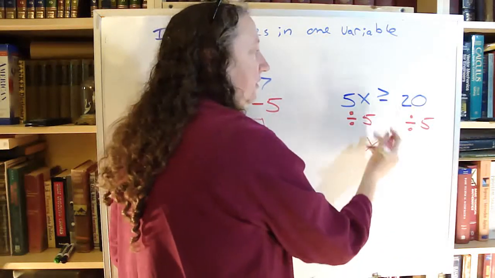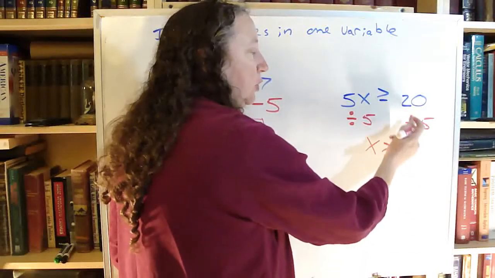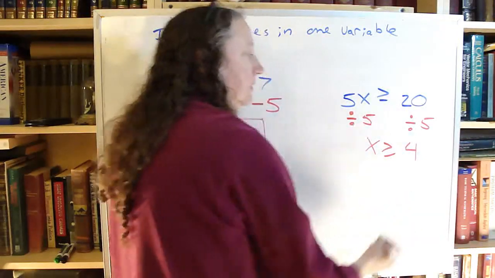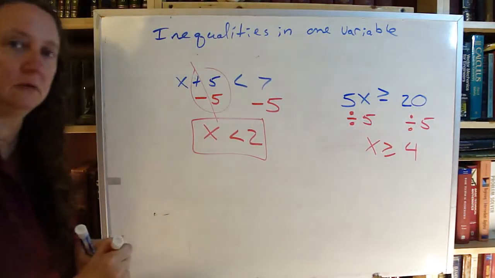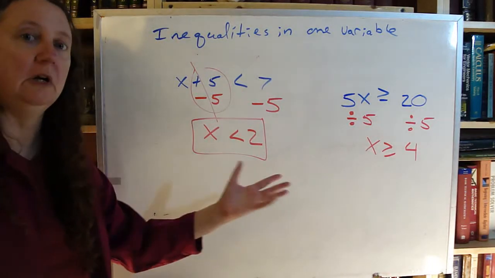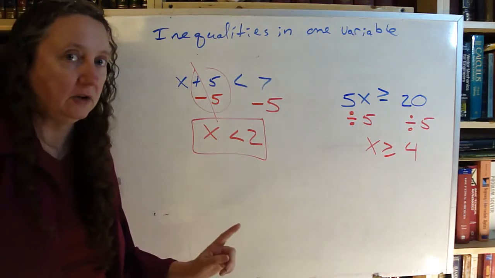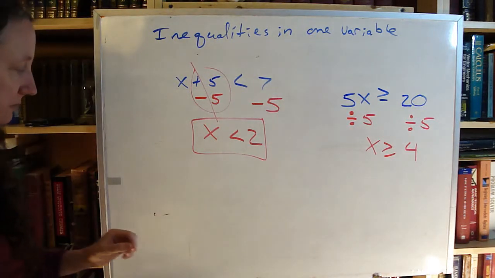And you have x, keep the same sign there, greater than or equal to 20 divided by 5 is 4. So very, very similar. But there's one difference here.